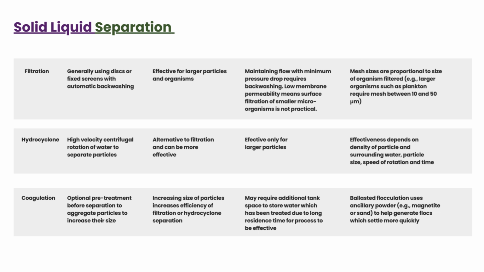Once the coagulation is done, then we are using flocculation, which is by many methods, so that they settle down at the bottom fast and we are removing them from the bottom. But for this method we require an additional tank to store water which has been treated, due to the long residence time for the process to be effective.